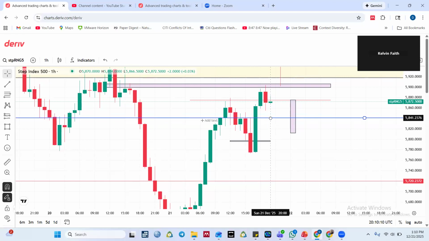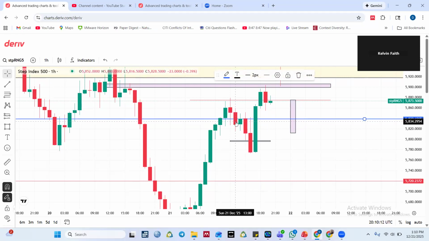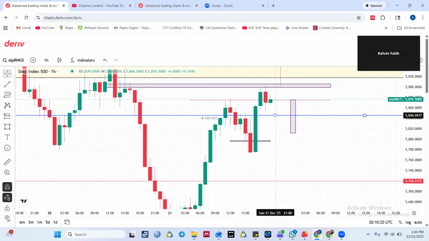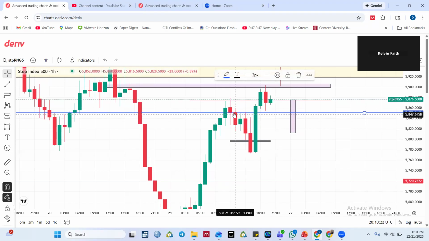Okay, so let me push this. You see the blue line, I'm putting the blue line exactly where this bearish candle broke down from, but I can still push it up a little bit to where this next bearish candle took from. This one retested this area. You see how I'm doing it?